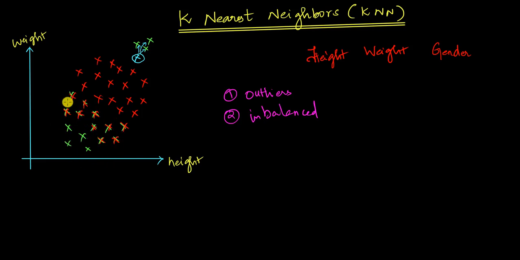The number of male points would be higher and the number of female points would be less, making this whole algorithm biased to the male category, and the predictions will be the worst in that case.